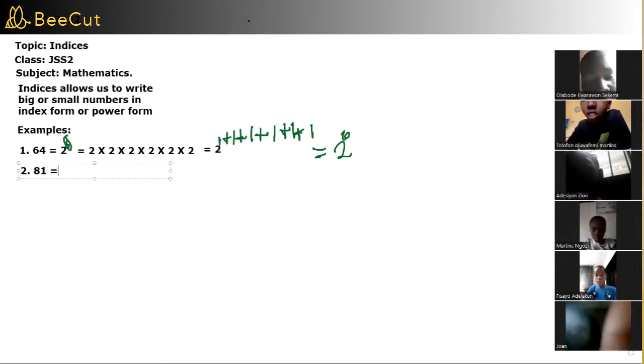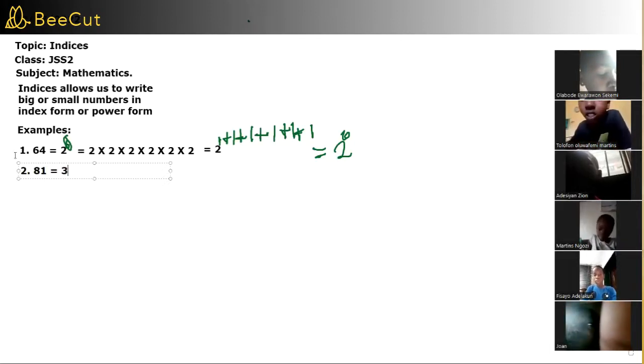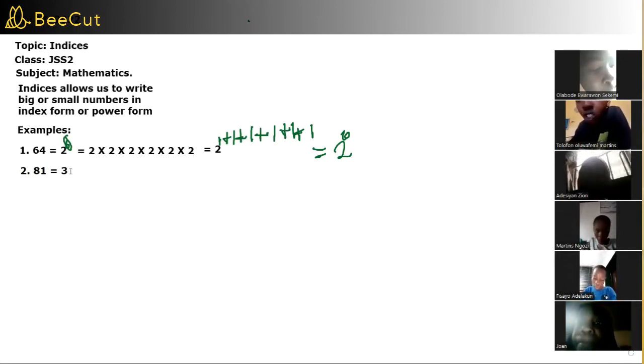So 81 is equal to the base number that can multiply itself to give 81, which is 3. So I can say 81 equals 3 in 4 places. That is 3 times 3 times 3 times 3, and that is going to be 3 raised to power 4.